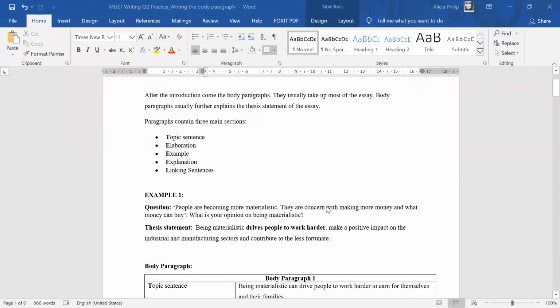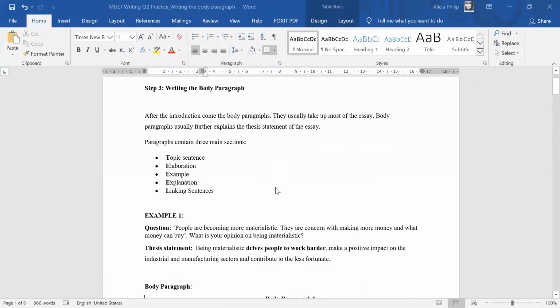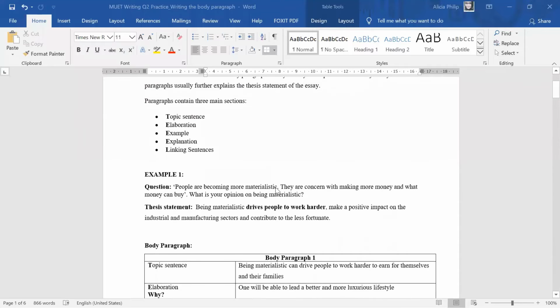If you look at your practice, there are two examples. Example number 1 is talking about, what's the topic for example number 1? Opinion on being materialistic. Okay, very good.